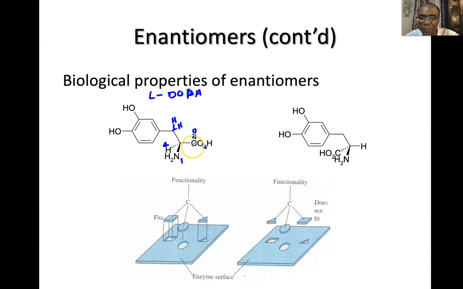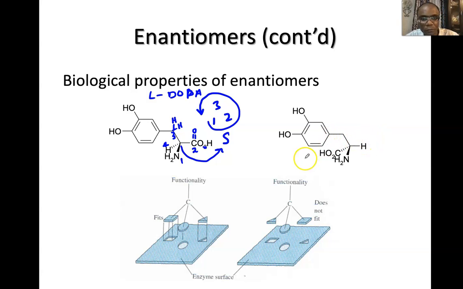So by eyeball, I know this will be priority 2 and this will be 3. Now, hydrogen is already away, so our eye is looking the way we're looking at our screen right now, at our monitor, so the numbers stay the way they are. So following the numbers, we are going S. So this center here is an S chirality.